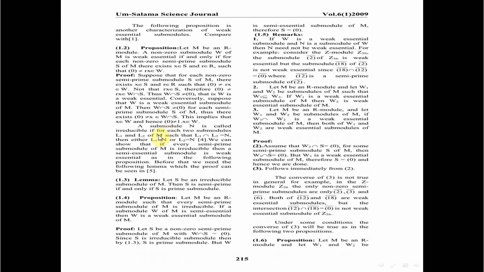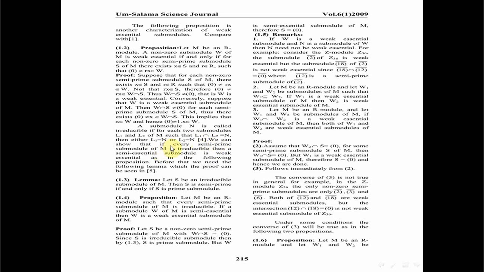In fact, the class of irreducible submodules matters here. A submodule N is called irreducible if for each two submodules L1 and L2 of M such that L1 intersect L2 equals N, then either L1 equals N or L2 equals N.